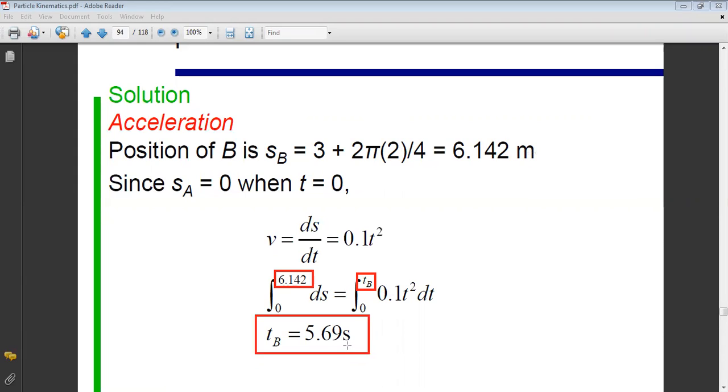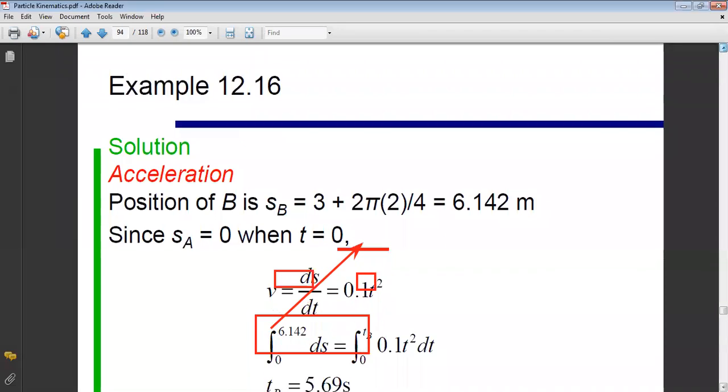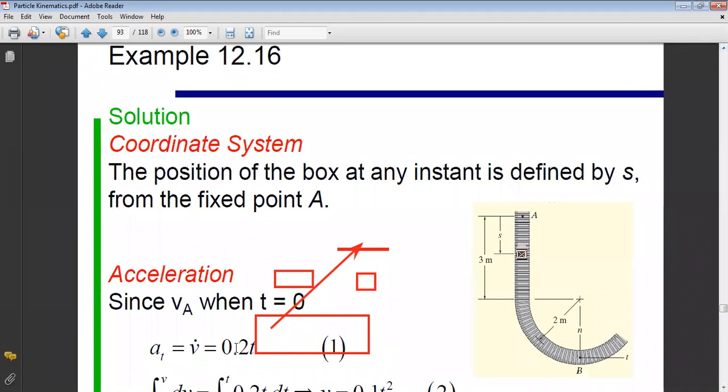Once I get the time, I am done. Why? Because I have already expressed v as a function of time. So to calculate vb, all I have to do is replace tb in my formula here. I calculate then vb. So now I know the velocity at b, so I can get an. I still need to find at, okay? But at is a function of time, because if you go back to your given, at is 0.2t.